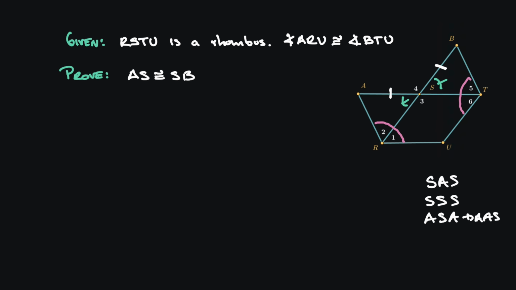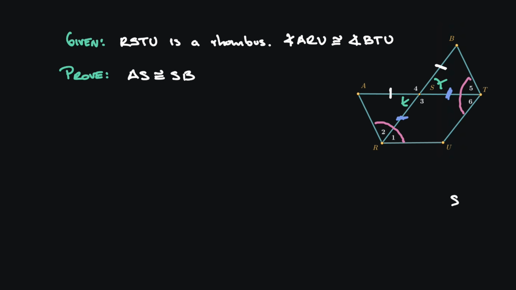Well, that's one option. So we already have an angle and an angle. But in a rhombus, all sides are congruent. So this must be congruent with this, right? So if these two are congruent and we have the angles in these corners, then by ASA, the two triangles are going to be congruent.